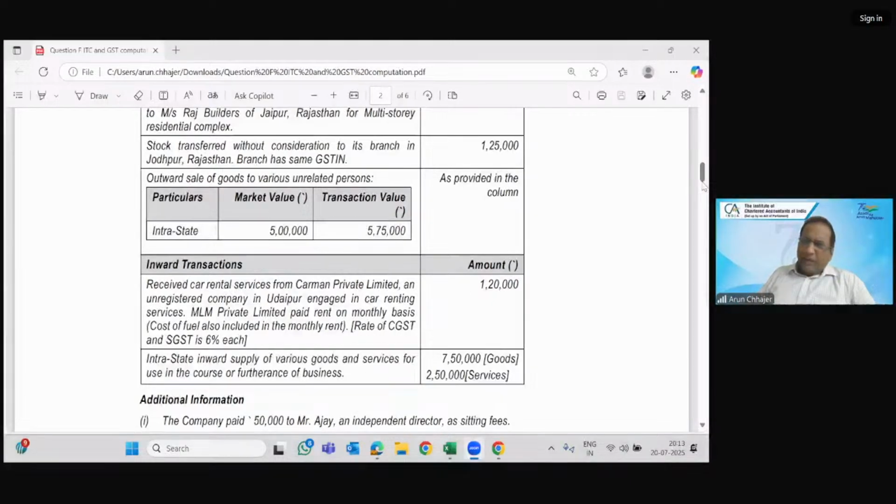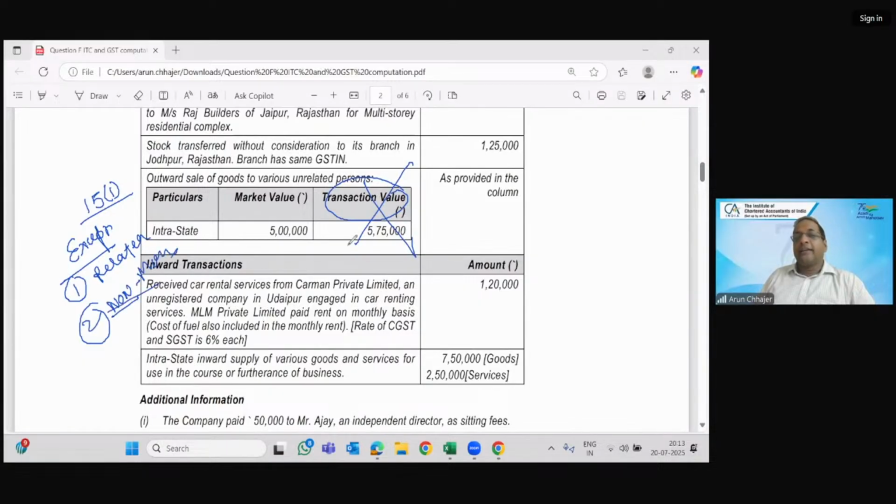Okay, because we all know, Section 15 Subsection 1 says GST is payable on the transaction value, except if you are doing the transaction with a related party, then transaction value is not acceptable, or if the transaction has non-monetary consideration also, then also transaction value is not acceptable.